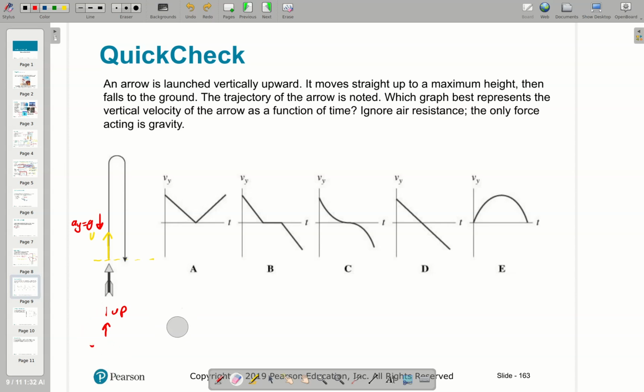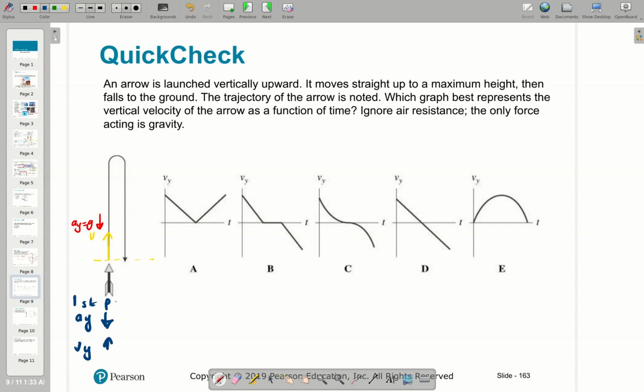It's always g. All right, mistakes are a part of our lives. ay is down, right? And Vy is up in the first part of the motion.